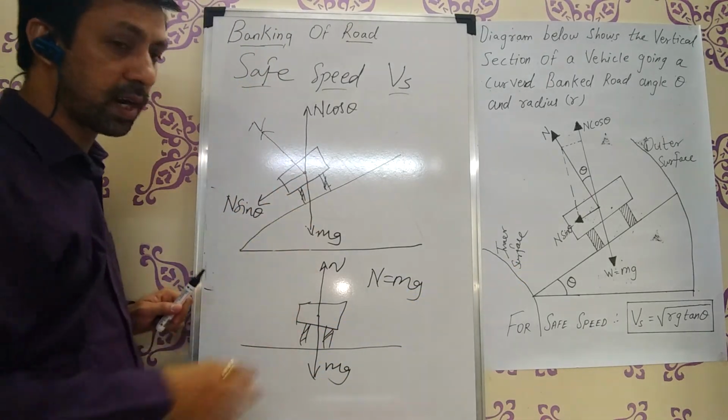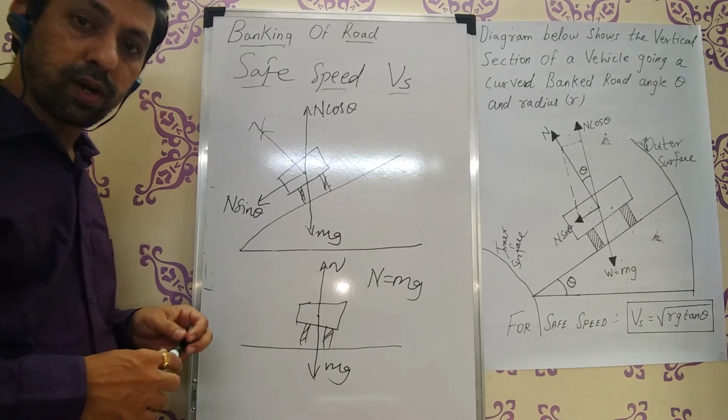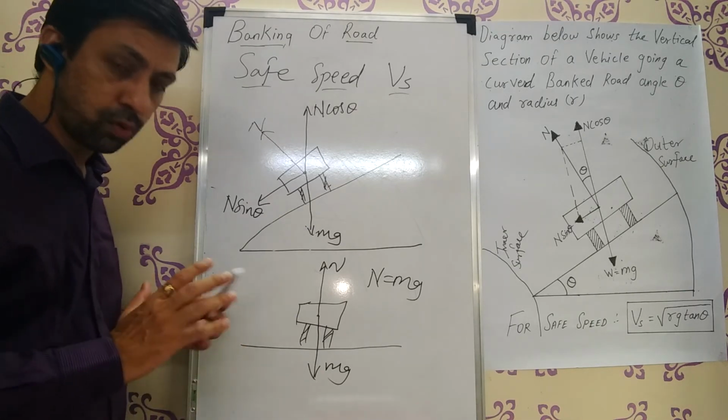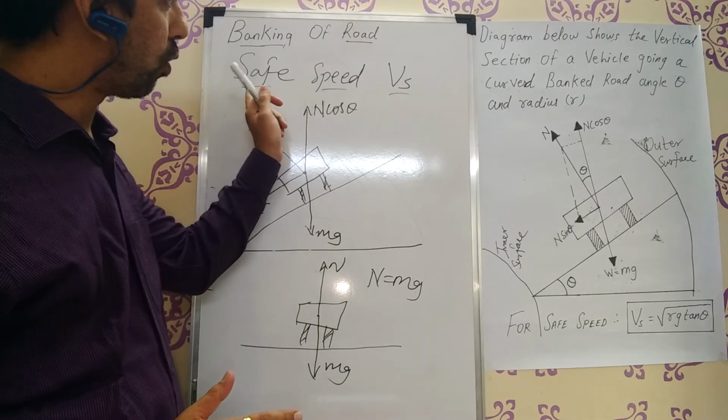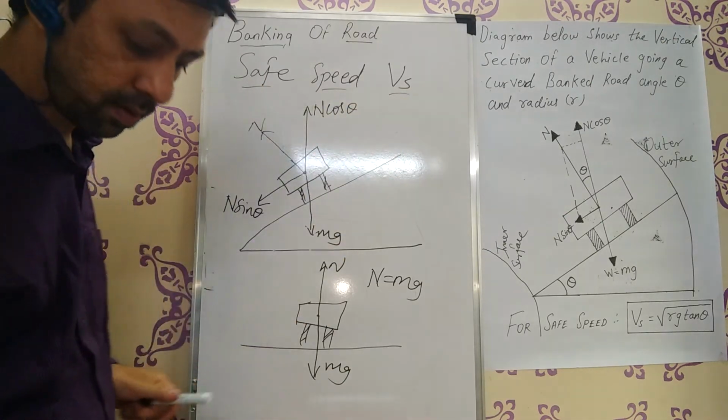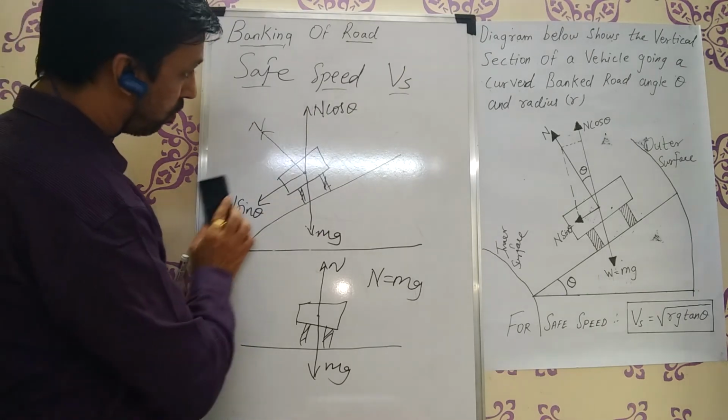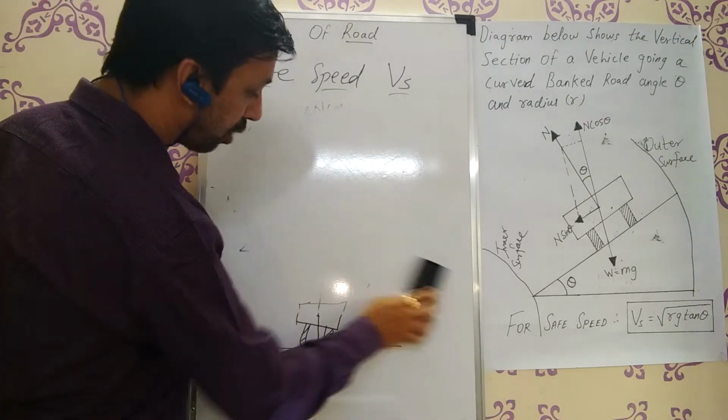So by looking at the diagram, we first have to do the balancing of the equations, and only then can we find the formula for safe speed, that is Vs. Now the diagram is in front of you.